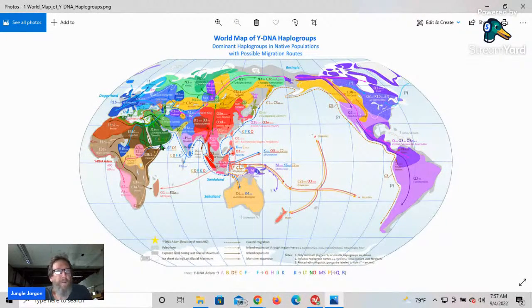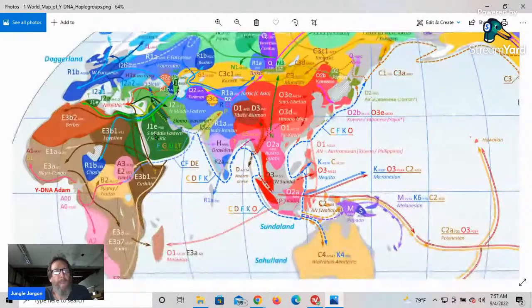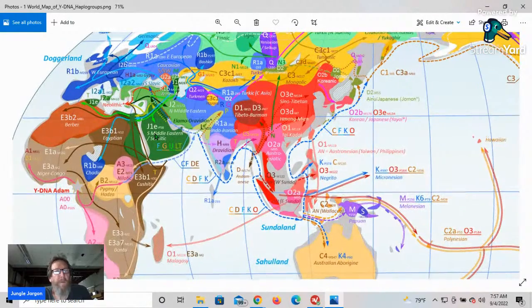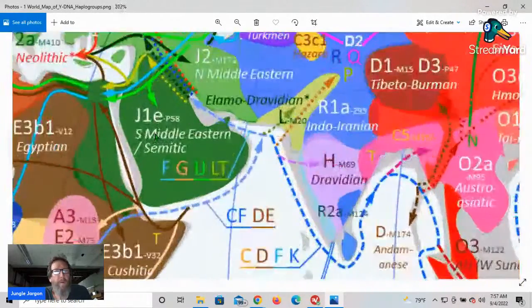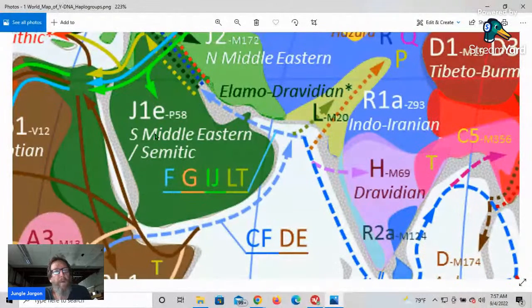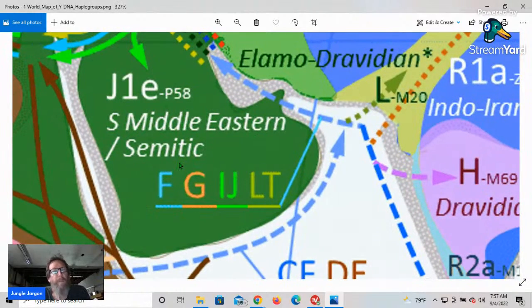The conventional wisdom, of course, is that, by all accounts, the J1 is Middle Eastern Semitic. Right? So that's the conventional wisdom, which Dr. Jeanson disagrees with.